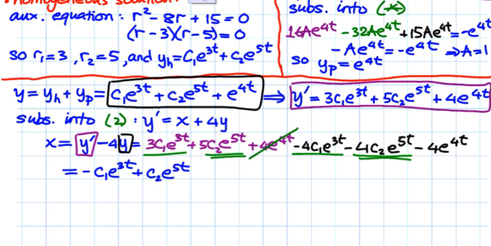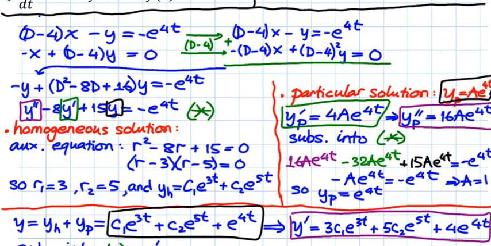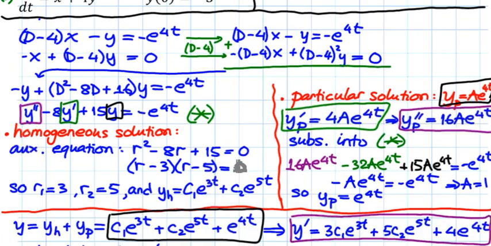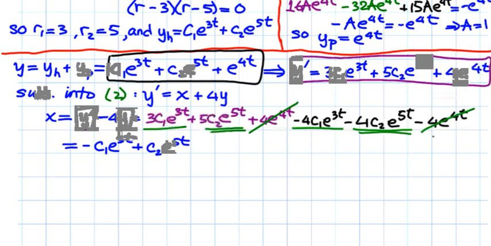The e to the 4t terms cancel out. Yeah, because when I look at the initial condition, it doesn't look like we have e to the 4t for x. But anyway, that's what we have for x.